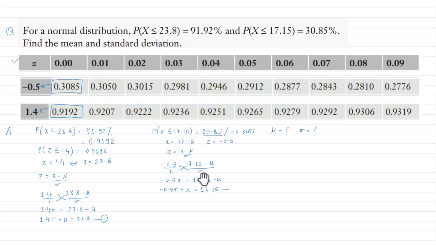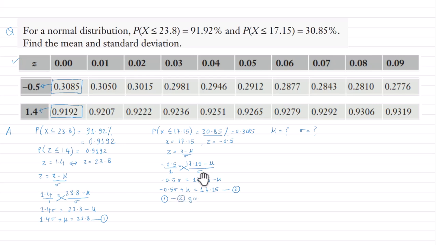Let me call this equation number 2. So we have two equations and two unknown variables, sigma and mu. I think it's very easy. The best approach would be to do equation 1 minus equation 2.